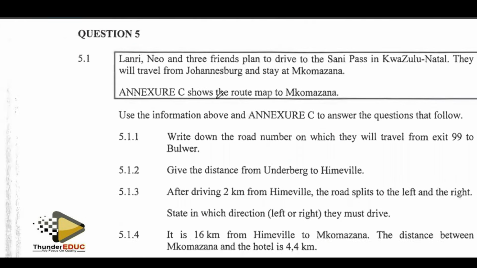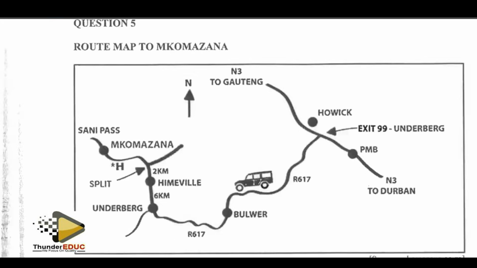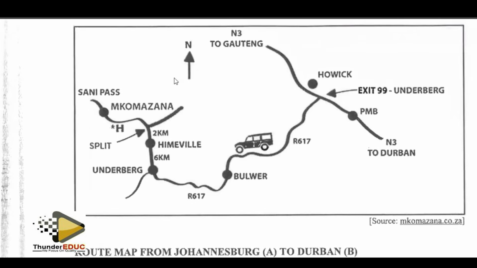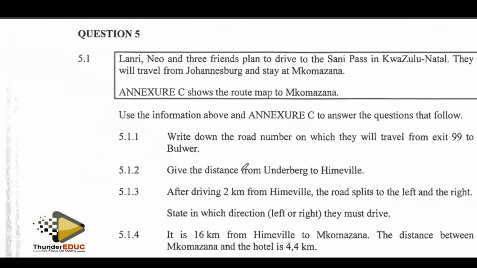Okay. Question number 5. Question number 5 requires us to also look at the annexure C. Let me stage annexure C here, which is this one here. All right. You read through this scenario. As you read through, please you count also.